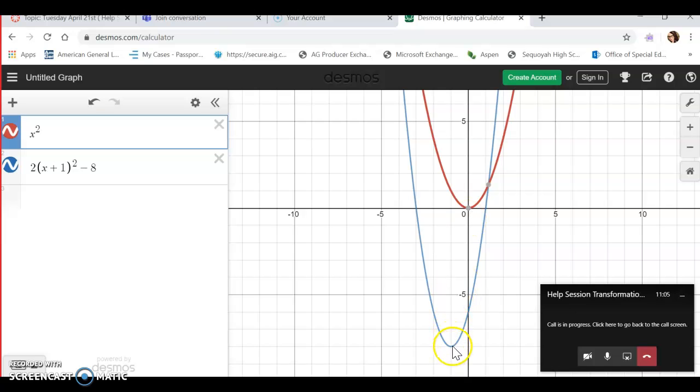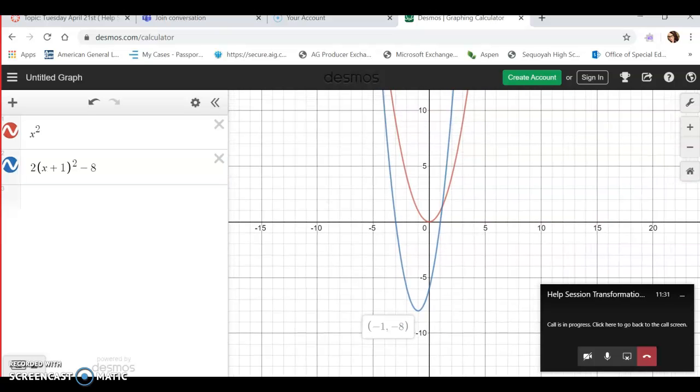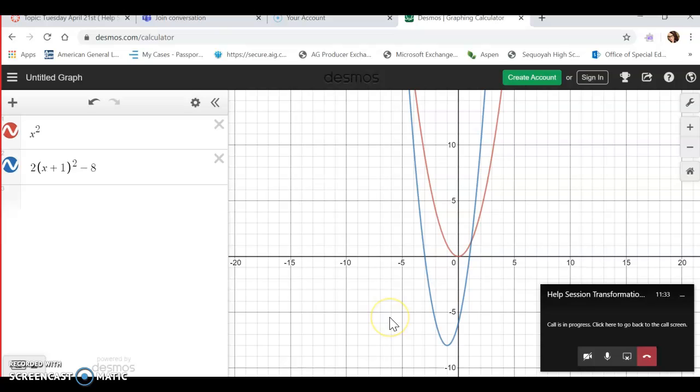The vertex for the transformed function is, what is that point? -1, -8. So from here, we went left 1, down 8, and do you see how the graph is kind of smushed or shrunk a little bit? The blue one is a little bit skinnier than the red one. That is your vertical stretch, okay?